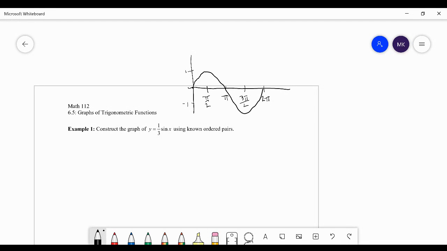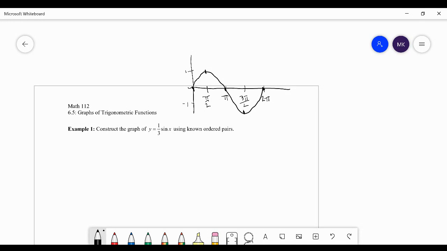Ignore my terrible drawings, but we can assume it goes to 1. What we have here is what we call a period of sine. Some really easy points are all of these right here: (0, 0), (pi over 2, 1), (pi, 0), (3 pi over 2, -1), and (2 pi, 0).